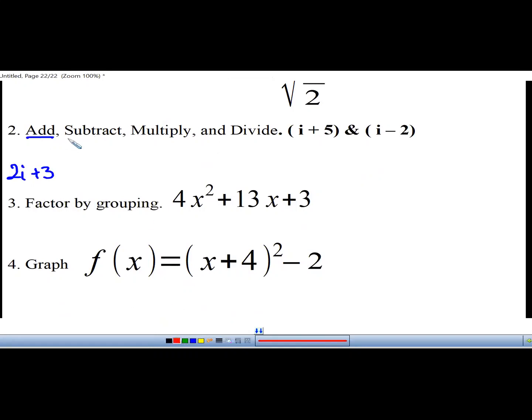For subtraction, remember, don't forget to put the negative with a parentheses for the second binomial and distribute, so you should have gotten 7. For multiplication, remember, distributive property, distribute. At the end, you should have ended up with i squared plus 3i minus 10. And remember, there's one more step from there.